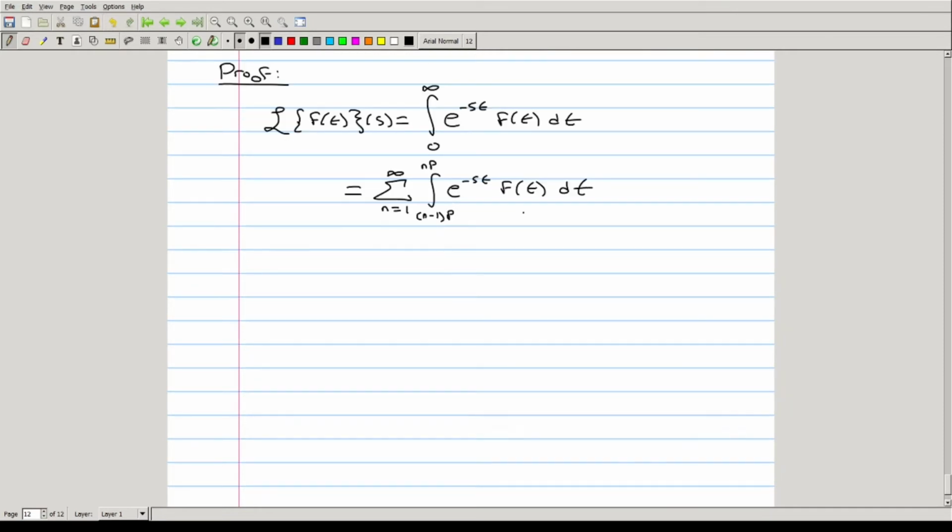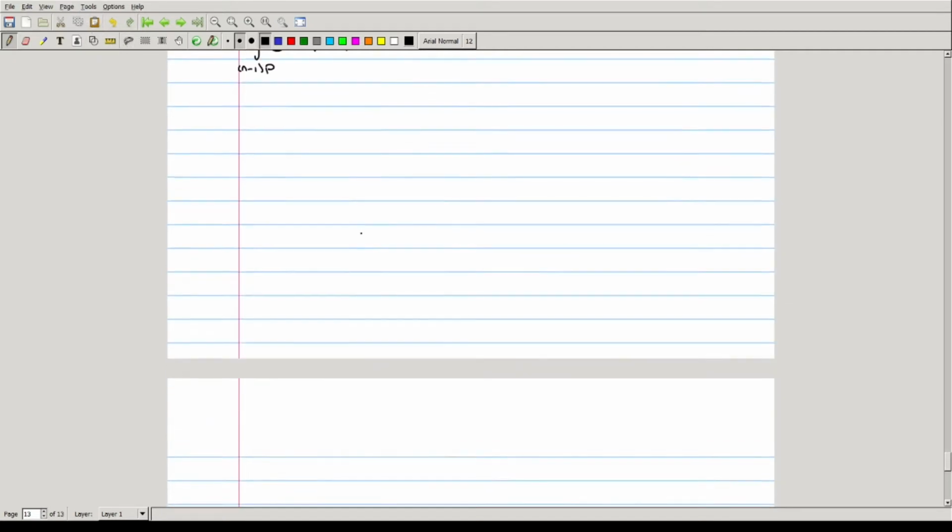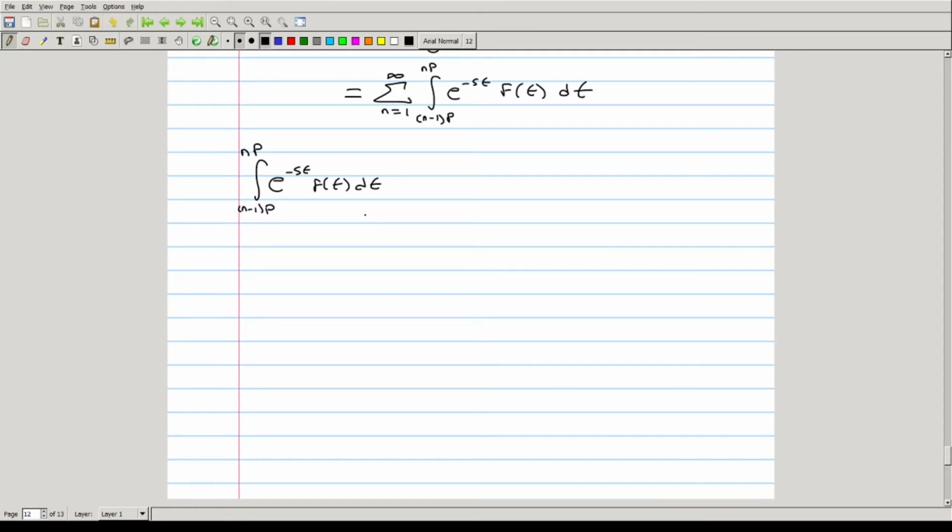And if we consider what the integral is on any one of these periods, note that we can make the u substitution of t equal to u plus n minus 1 times p.